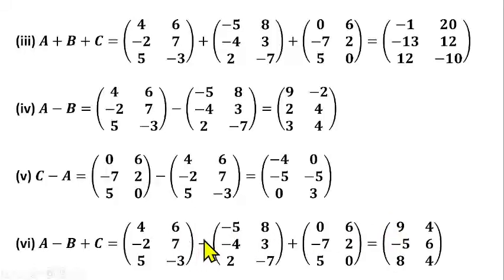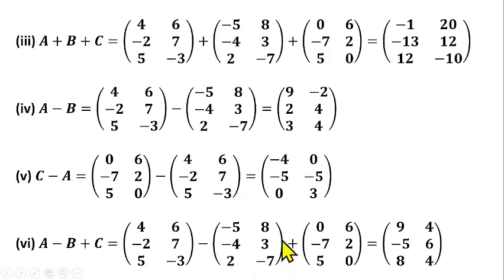Then we have 6 minus 8, that gives us minus 2. Minus 2 plus 6 will give us 4. Then we have minus 2 minus minus 4, that will give us 2. 2 plus minus 7 will give us minus 5. Then also we have 7 minus 3, that gives us 4, plus 2, that gives us 6. 5 minus 2 gives us 3.